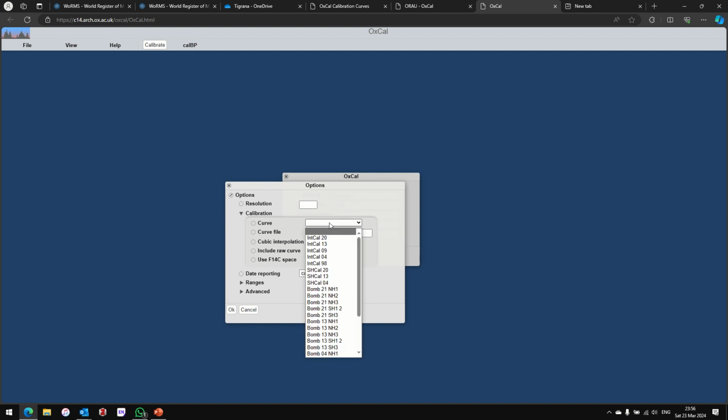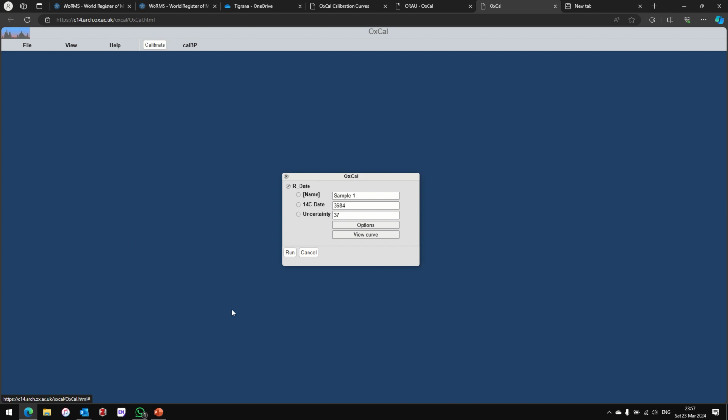And curve, I'll probably select IntCal20. That seems to be the best fit, because as I said, the marine curves don't seem well suited for my samples. Mine are terrestrial gastropods. So select OK, and I'll go for a run.